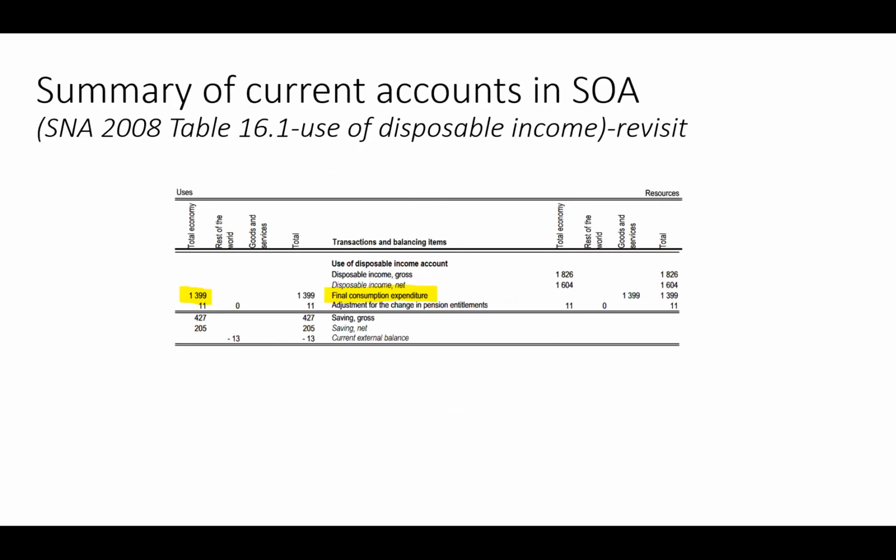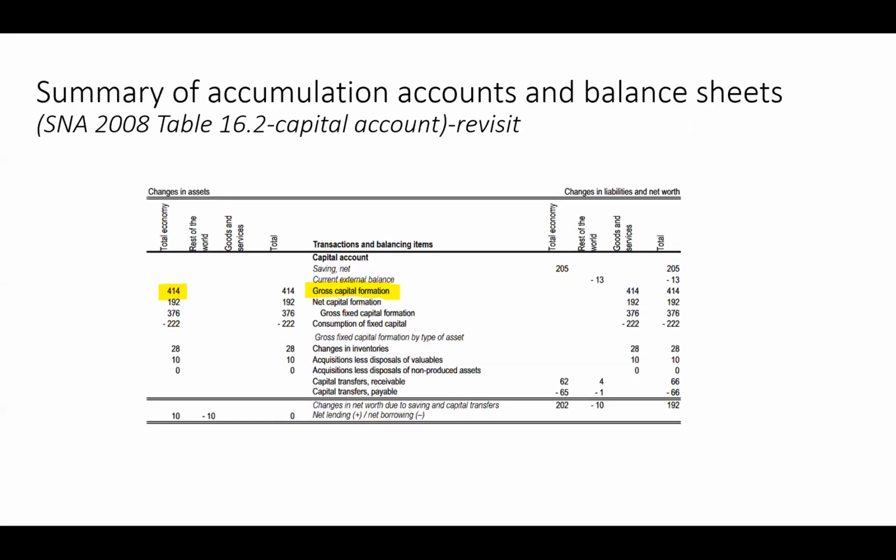So this is the table for use of disposable income accounts. And we have final consumption expenditure here, 1,399. This is the total economy, and in the next table, we will get the other values. Yes, gross capital formation here.